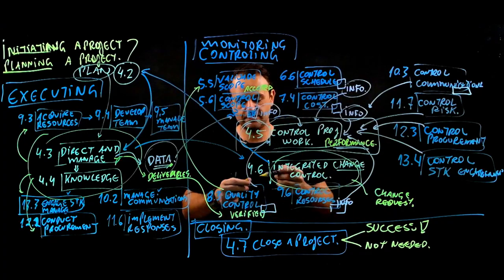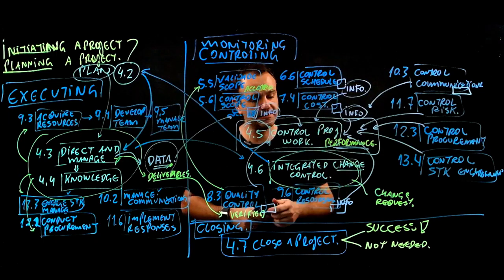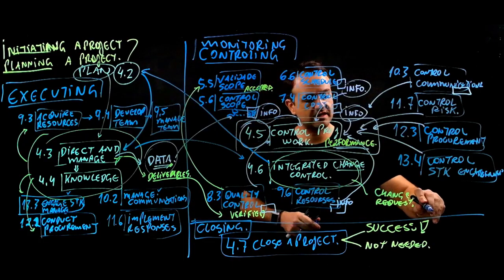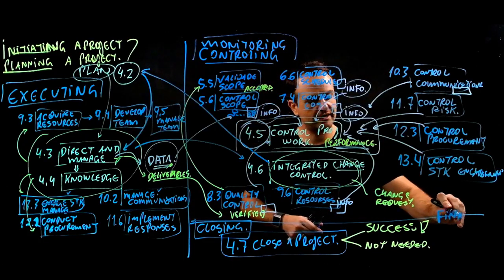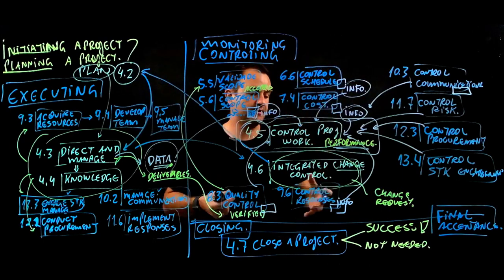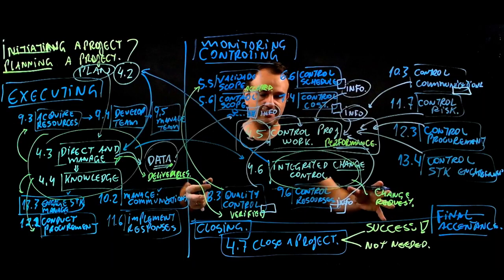So some of the projects will go to the end and do all the deliverables, all the work and so on. And if it is a success, what we need is final acceptance, transition into operations, if you have a warranty period, if you have training, if you have documentation, final reports, whatever you have here.